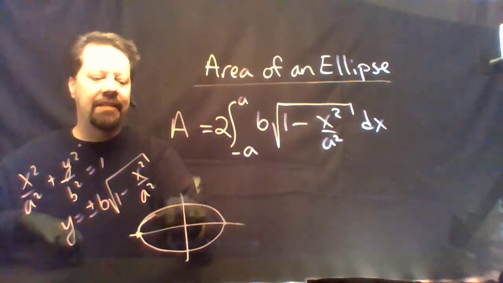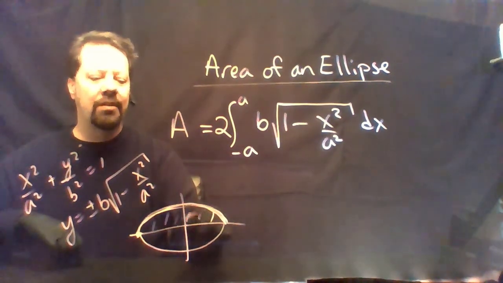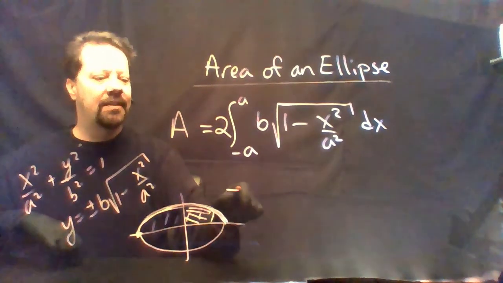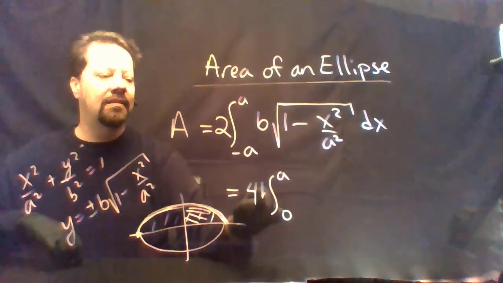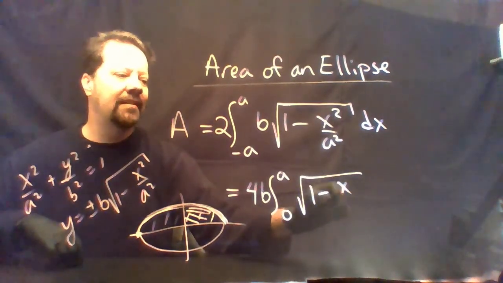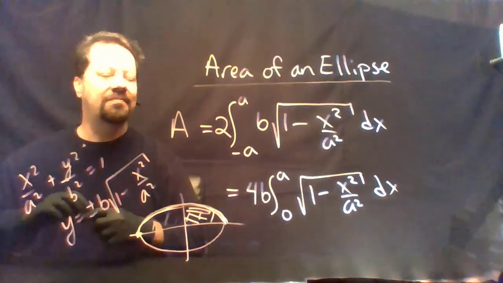Whenever you integrate an even function from negative a to a, you may as well integrate from 0 to a and double. So this is going to be 4 times the integral from 0 to a. I'll move the b out. Square root of 1 minus x squared over a squared dx.